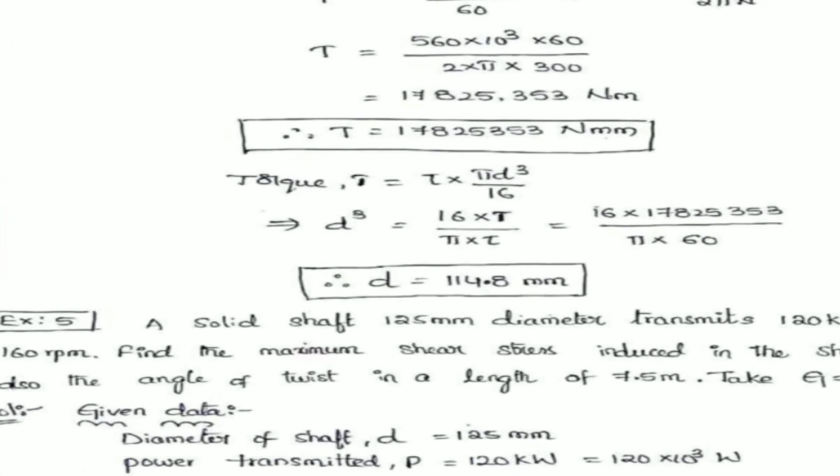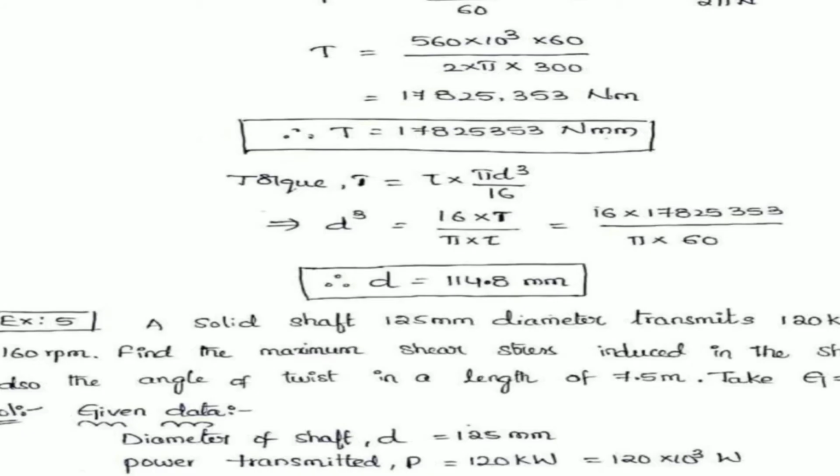Speed N is 300 rpm, shear stress tau is 60 Newton per mm square, power P is equal to 2 pi N T by 60. Already you know the formula. Finally, torque T is equal to 17825 Newton meter.